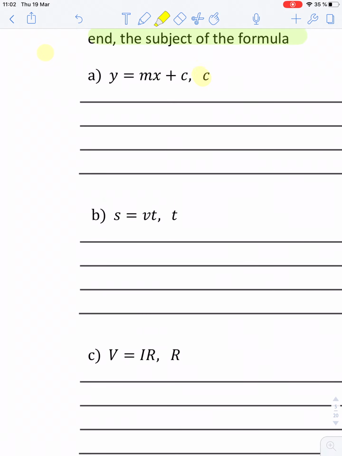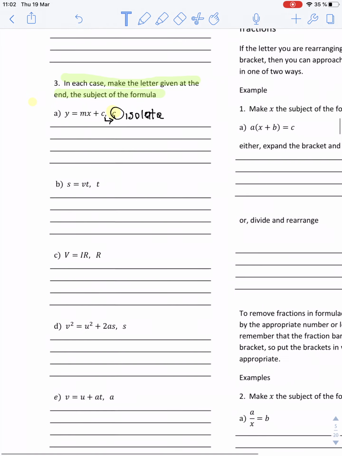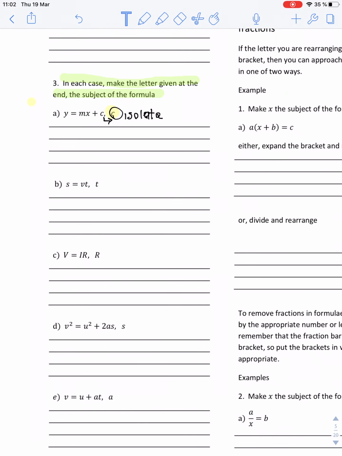If you see this C after the comma, that means you need to isolate the variable C. The variable C, okay? I'm going to do different problems from this one, okay?